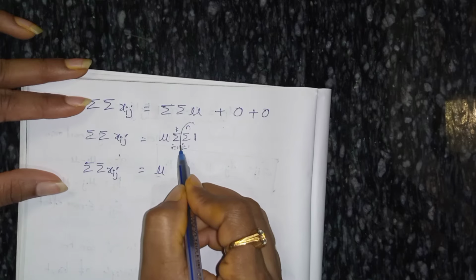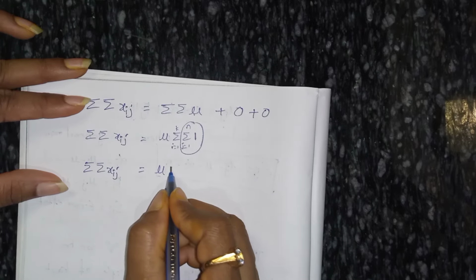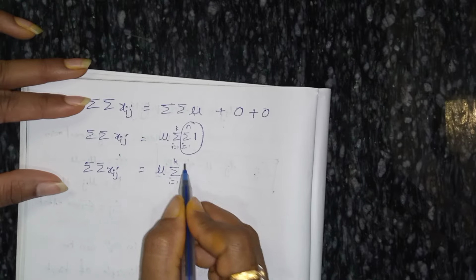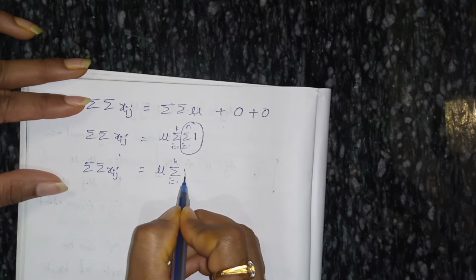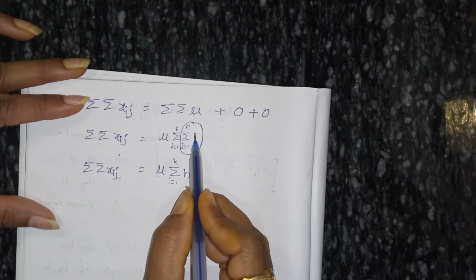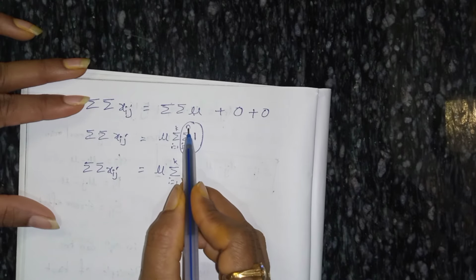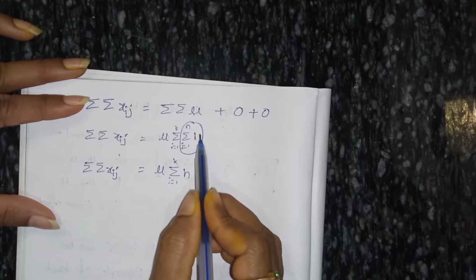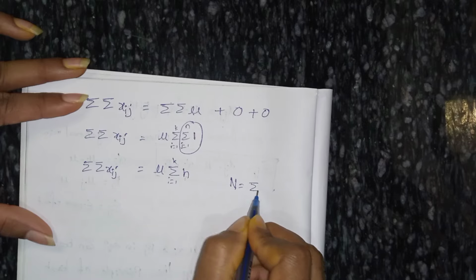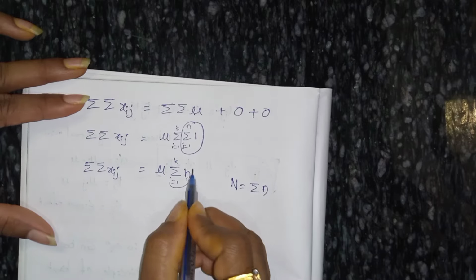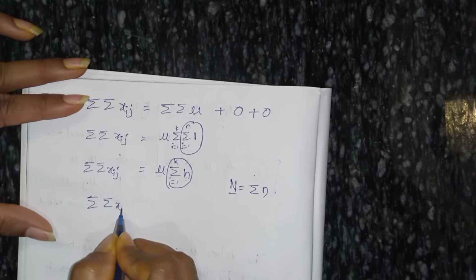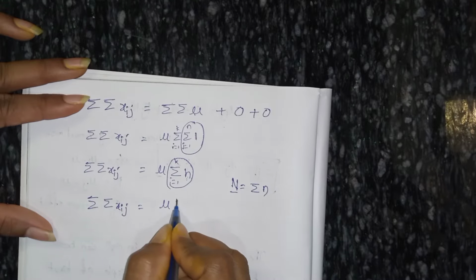So I am going to remove this summation and write small n in place of it, because in place of 1 we can substitute n. One summation has been removed. We all know that capital N is nothing but double summation n. So in place of this I can write capital N. So double summation xij equals mu into capital N.